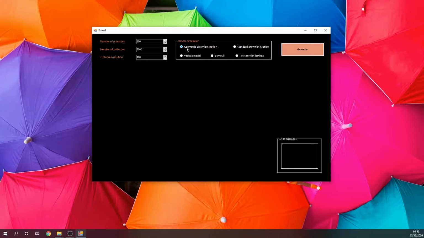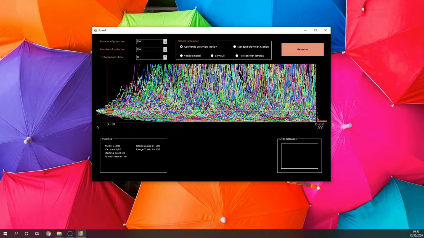So, for example, let's start with the geometric Brownian motion. Let's put 10 and number of paths. Okay, so this is the Brownian motion plot.